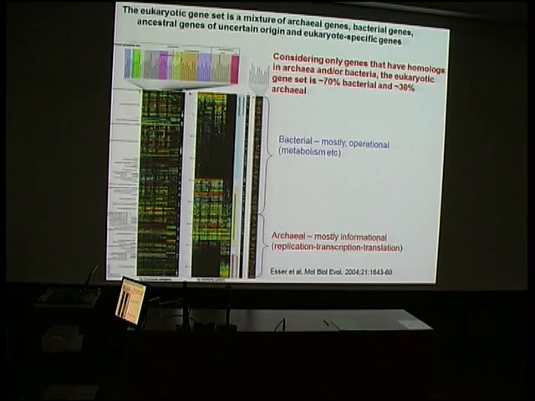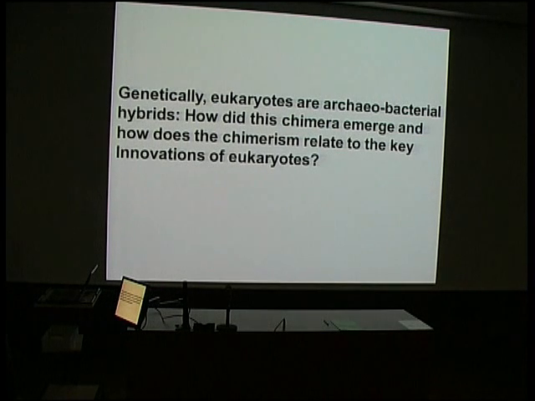So it's this kind of chimera, the eukaryotic gene set, and moreover, there is a very clear functional split between genes of apparent archaeal origin, that are mostly involved in informational processes, such as replication and translation, and genes of apparent bacterial origin, which are mostly operational genes, metabolic enzymes, and so on.